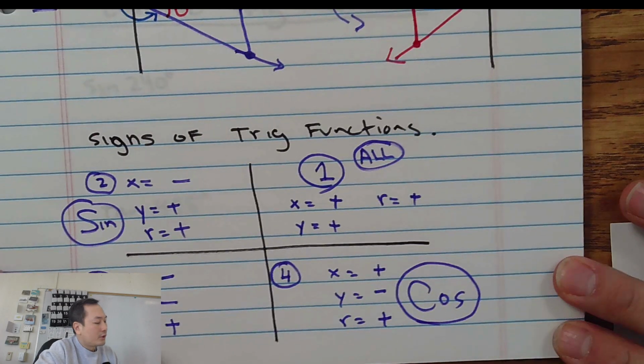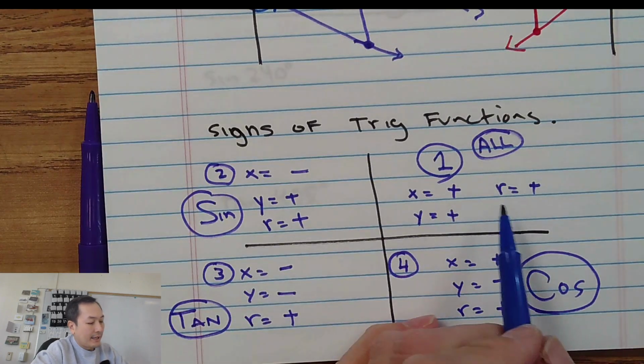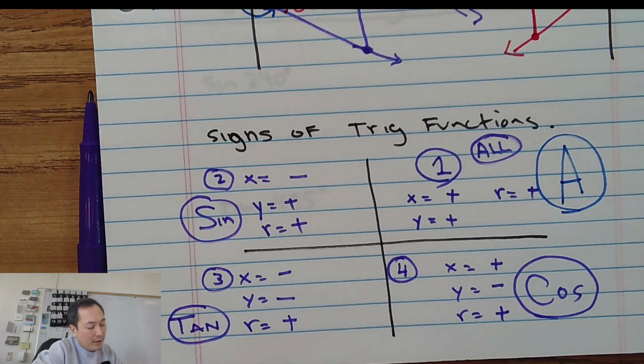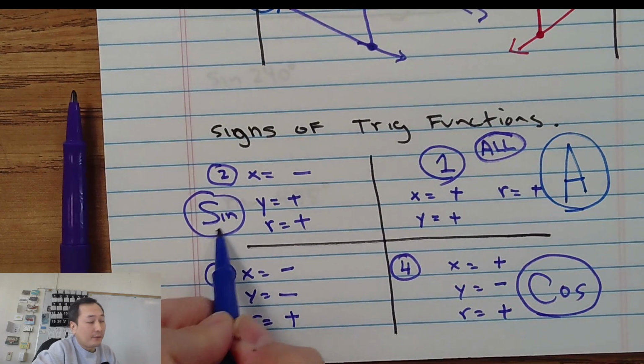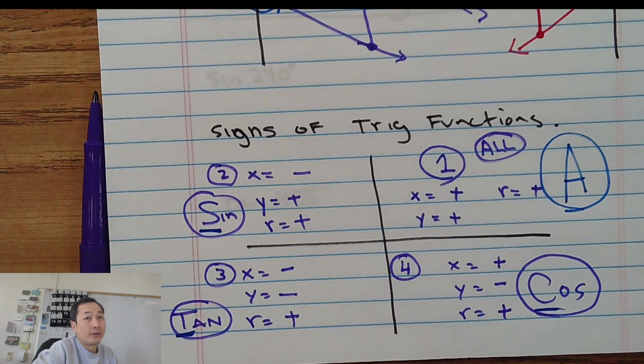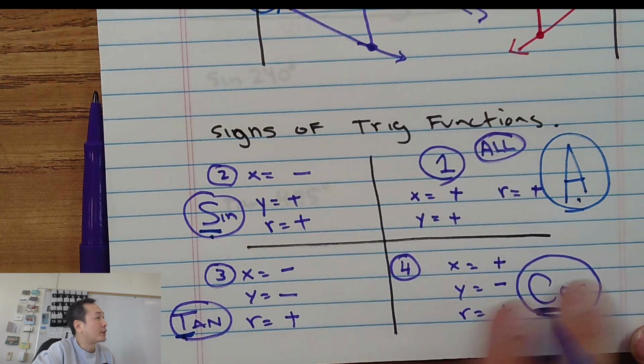So to sum up, I'm just going to get the first letters. A: all are positive. S: sine is positive. T: tangent is positive. And C: cosine is positive. All Students Take Calculus. That's the original way to remember it, going from quadrant to quadrant.